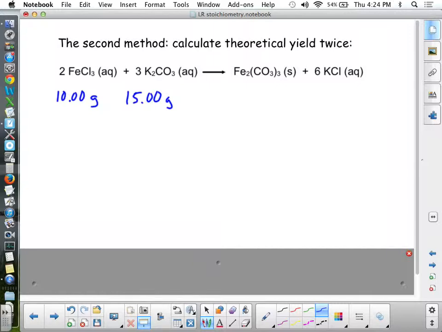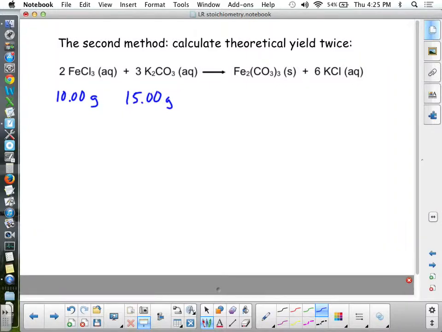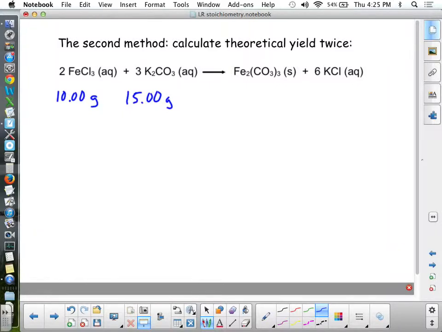This method simply has you calculate the expected yield of iron(III) carbonate twice, once starting with each reactant, and compare them. So I'll take my 10.00 grams of iron(III) chloride, divide by its molar mass, 162.20 grams per mole.